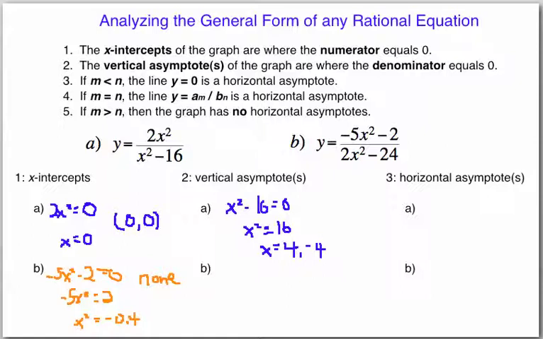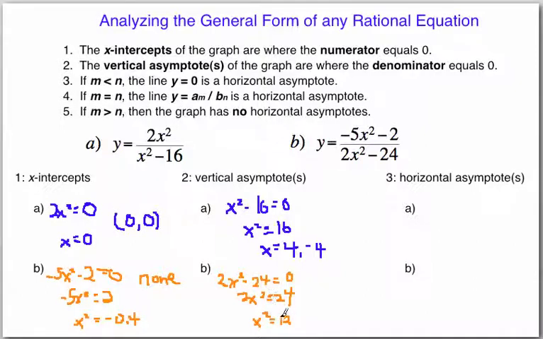And then for b here, we're going to do the same thing. We've got 2x squared minus 24 equals 0. You would add 24 to both sides to get 2x squared equals positive 24, and then divide both sides by 2 to get x squared equals 12, and then take the square root.